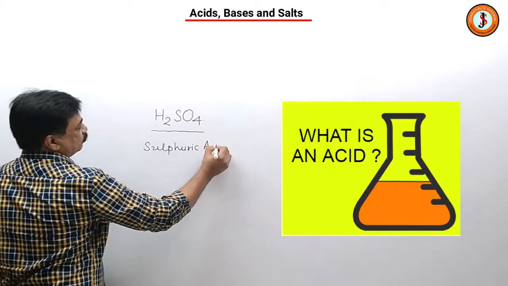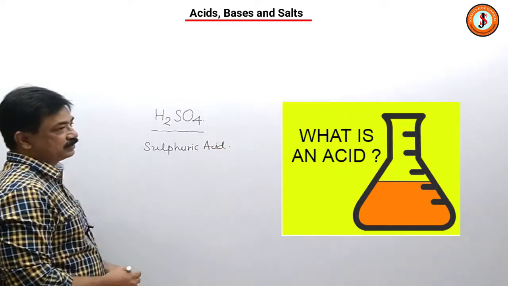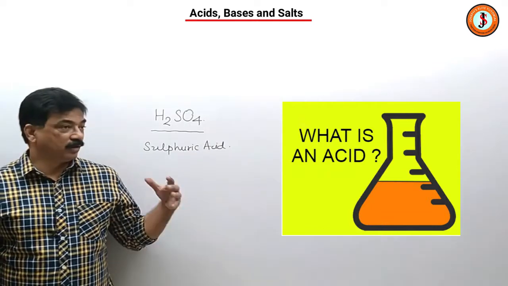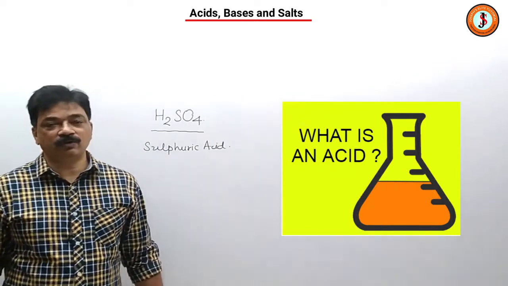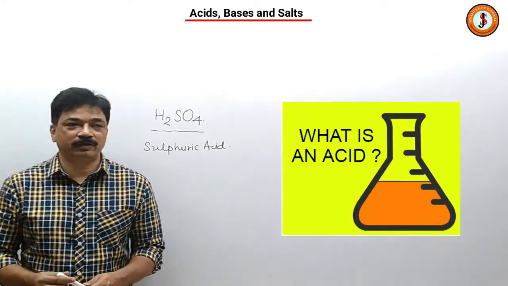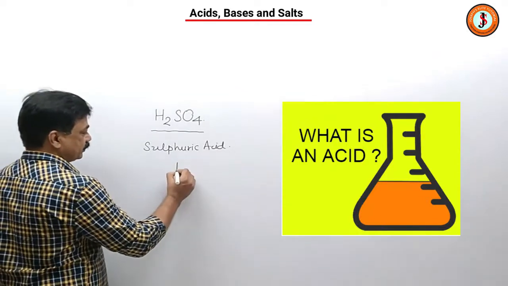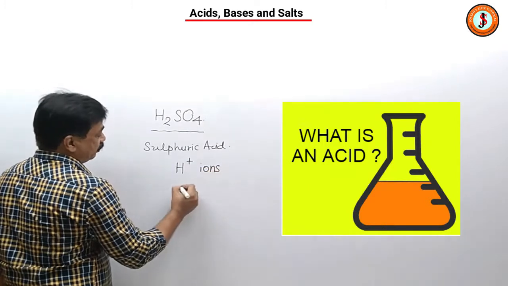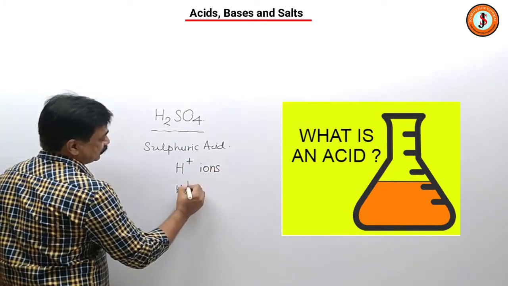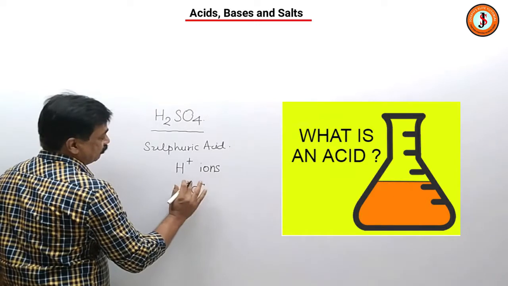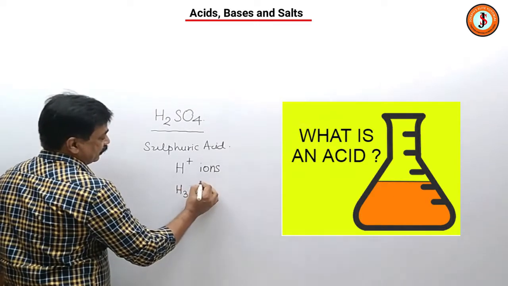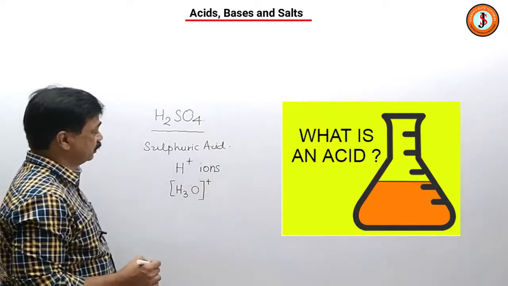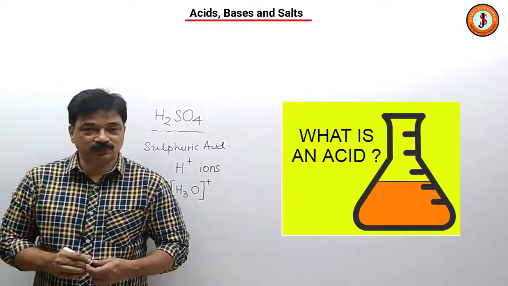Basically, acids are compounds, they're chemicals, and they furnish hydrogen ions, that is H plus ions. This H plus ion is actually in the form of hydronium ion. So they furnish hydronium ion in a solution.